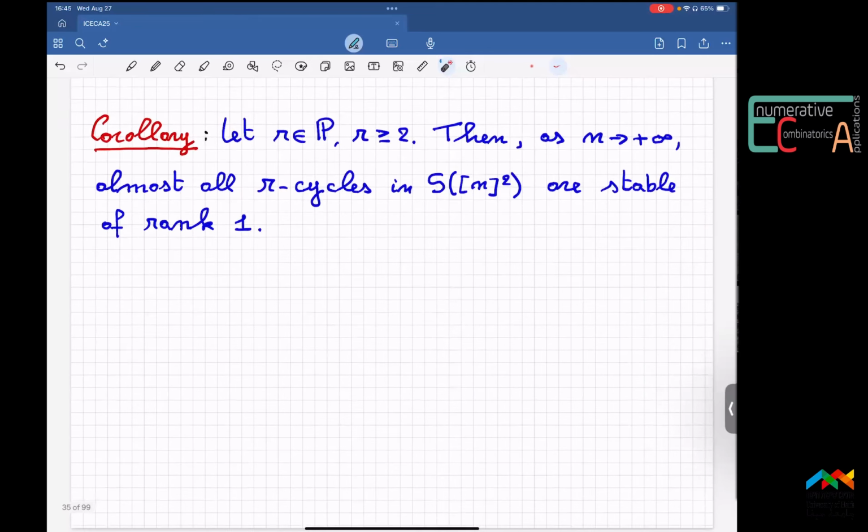Take an r greater or equal to 2, then as n goes to infinity, almost all r-cycles in S_{n²} are stable of rank 1. So if you fix r equals 17 and pick a 17-cycle at random in S_{n²}, as n goes to infinity, the probability that this is rank 1 is 1, it is almost sure that it is stable of rank 1. And this is surprising for a reason that you will see shortly.